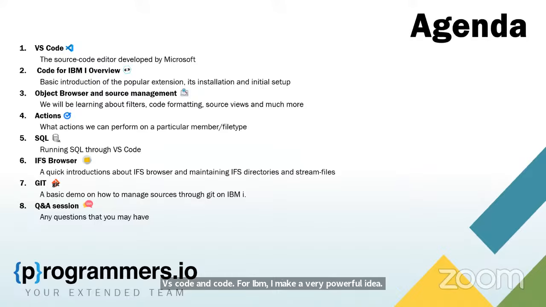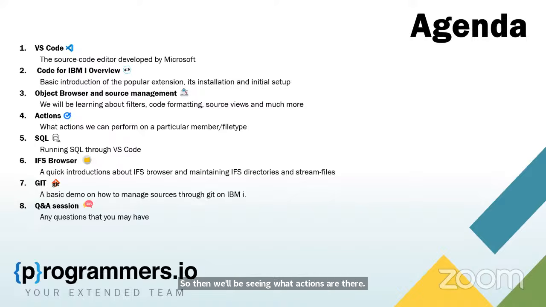Since the inception of IBM I, the code has been developed on IBM I natively. But over the last couple of years, we have got this powerful IDE, a combination of VS Code and the Code for IBM I extension. Then we will be seeing what actions are there.